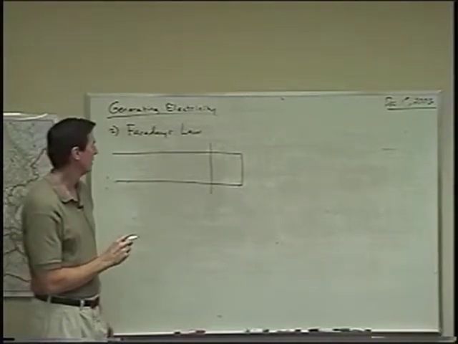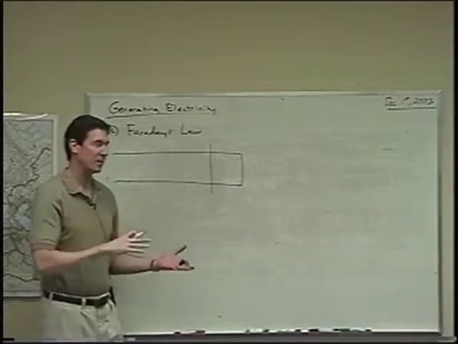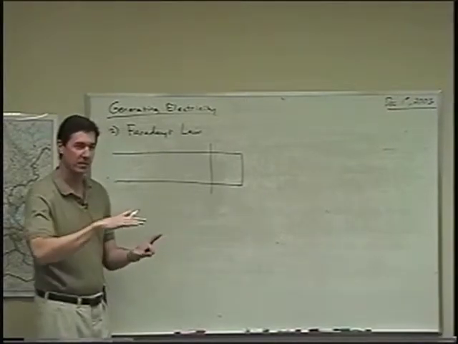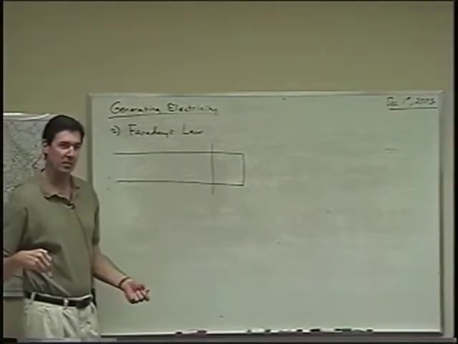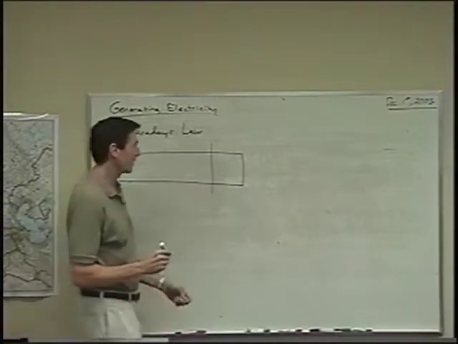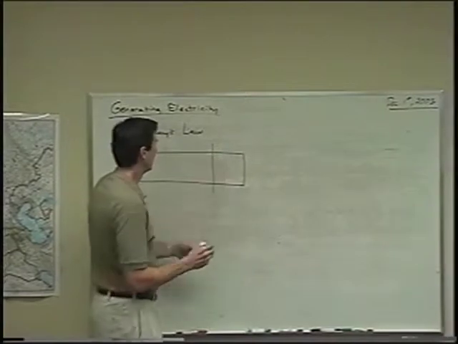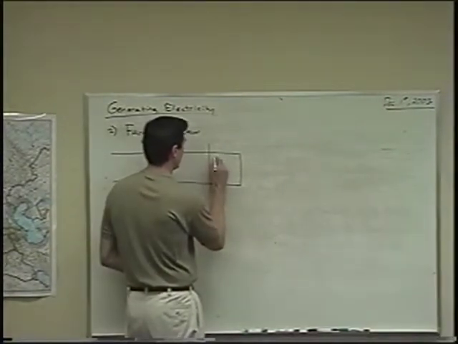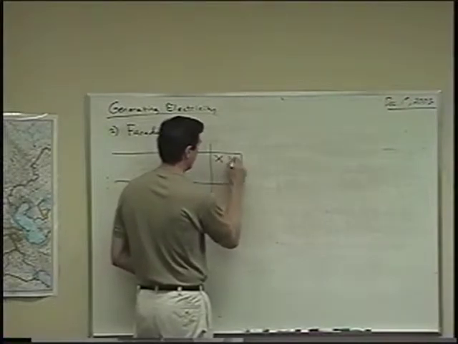Think of this as a top view. So we have this long open-ended rectangular wire, and we lay another wire on top of it. Now let's say that we have a magnetic field that we've set up with magnets that's going into the board here.